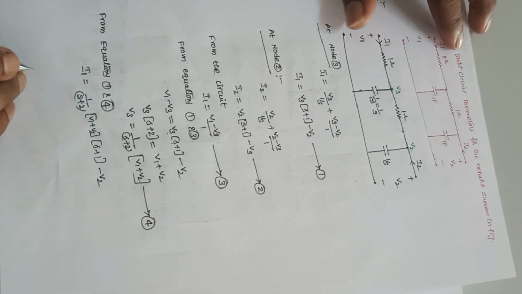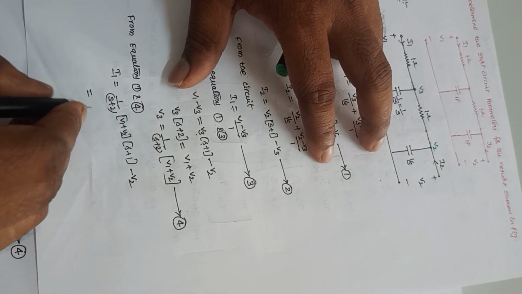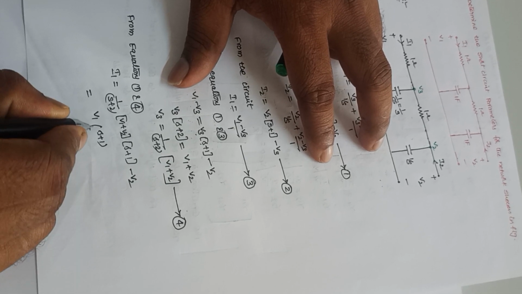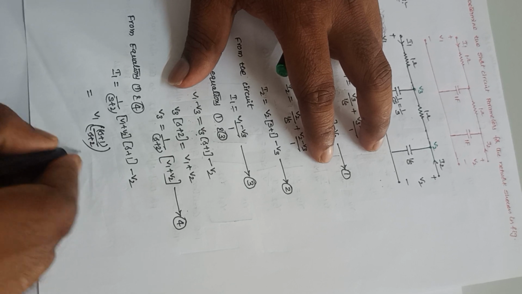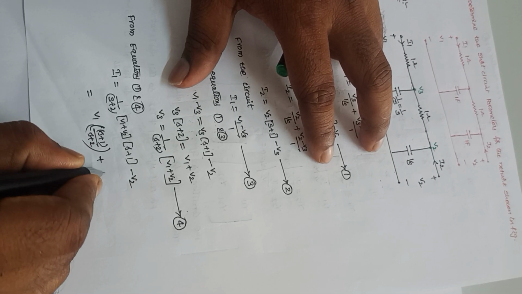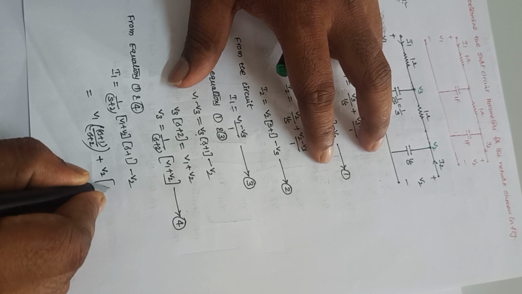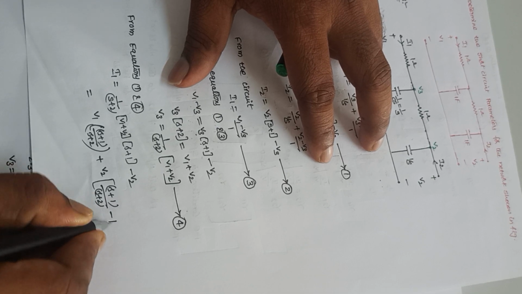If I separate the V1 and V2 parts here, it is V1 into S plus 1 divided by S plus 2, the V1 coefficient, plus V2 into S plus 1 divided by S plus 2 minus 1.